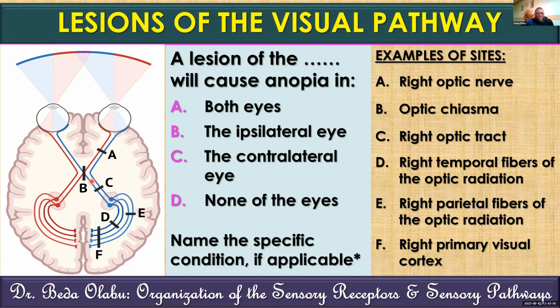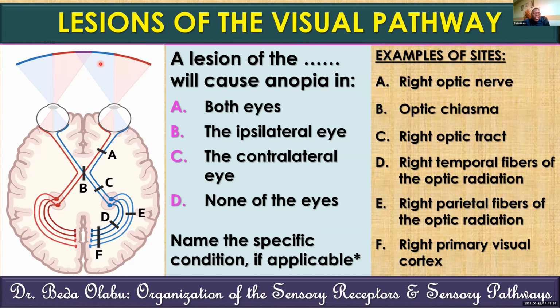If you trace this other one, it's coming from the nasal retina of the contralateral eye, which means coming from the temporal field of the contralateral eye. So I'm losing the temporal field of the contralateral eye and the nasal field of the ipsilateral eye.